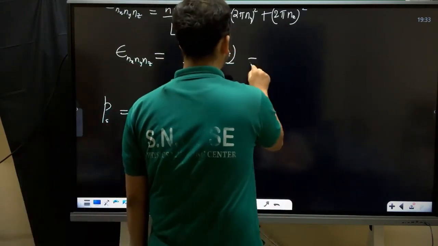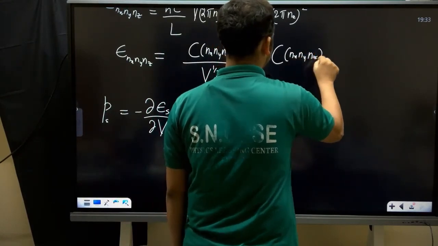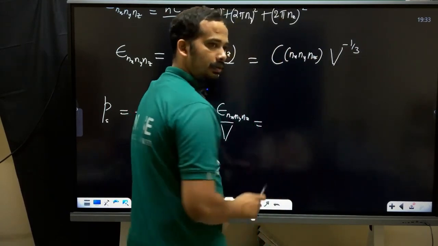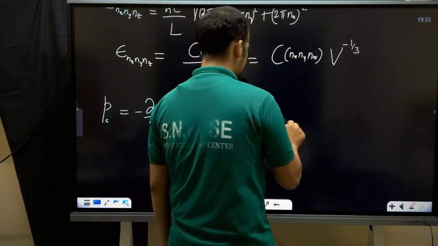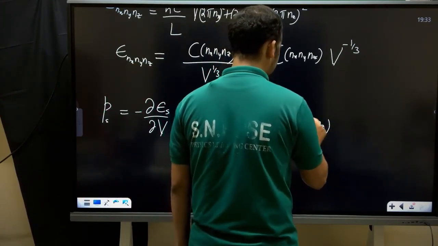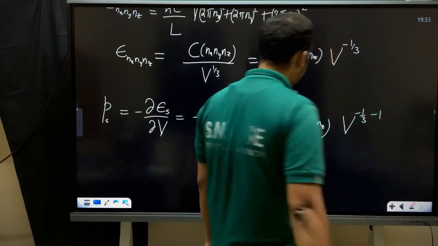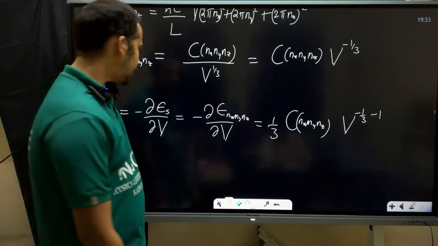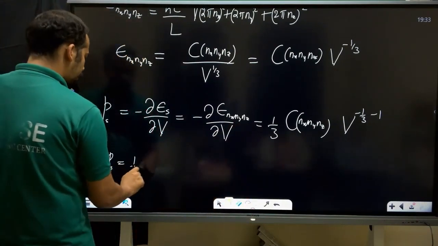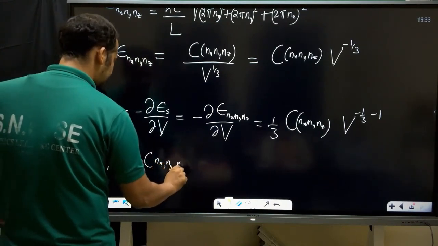C into V power minus 1 by 3 differentiated gives minus minus plus 1/3 into the constant that depends on nx, ny and nz, with V power minus 1 by 3 minus 1, am I right? So Ps is equal to 1/3 of C, a function of nx, ny, nz.